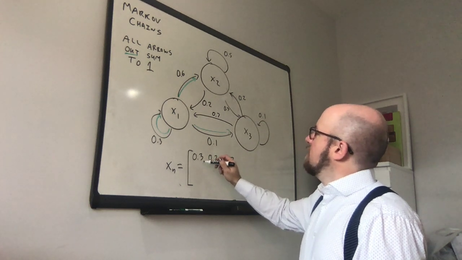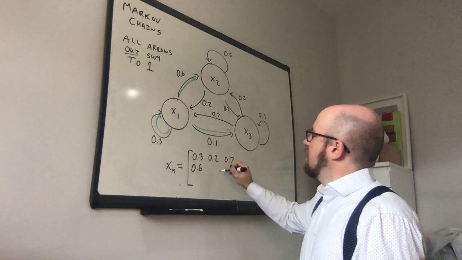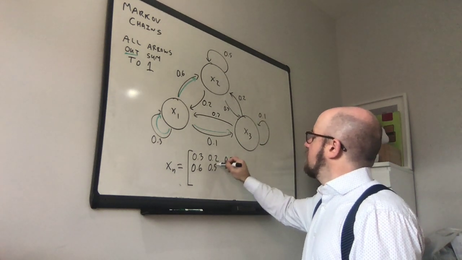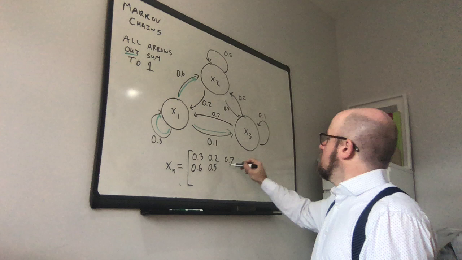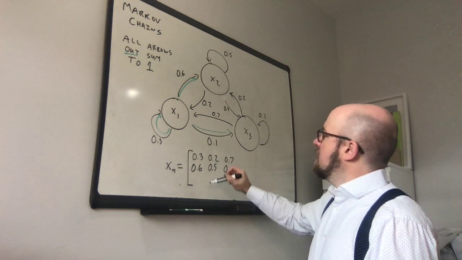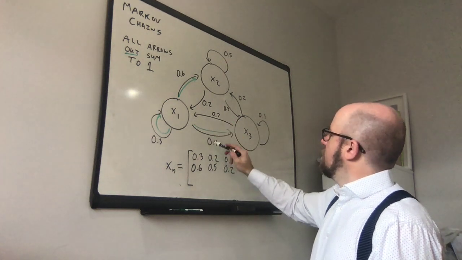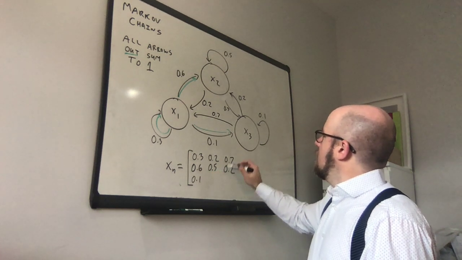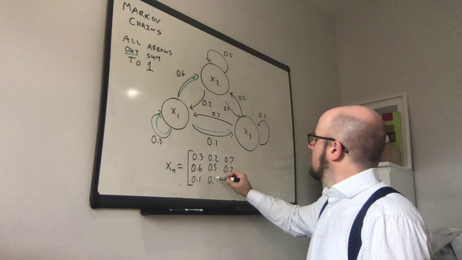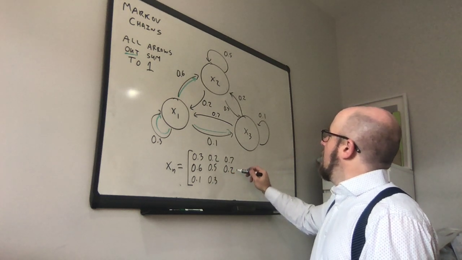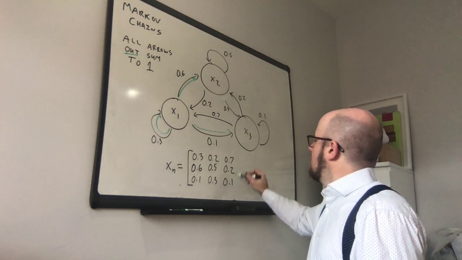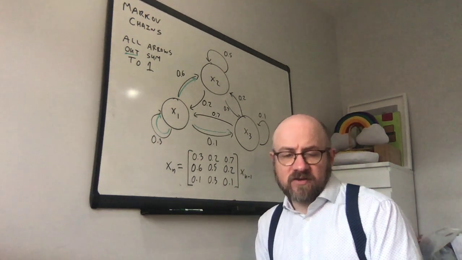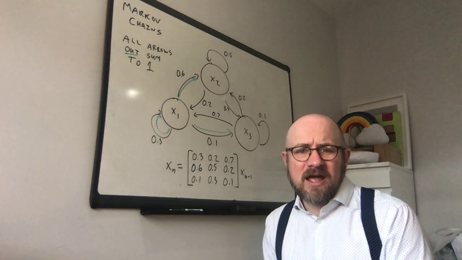X sub 2 is 0.6 times x sub 1, 0.5 times x sub 2, and 0.2 times x sub 3. And then x sub 3 is 0.1 times x sub 1, 0.3 times x sub 2, and 0.1 times x sub 3. Right, so we get a matrix equation just like we would with a state diagram.